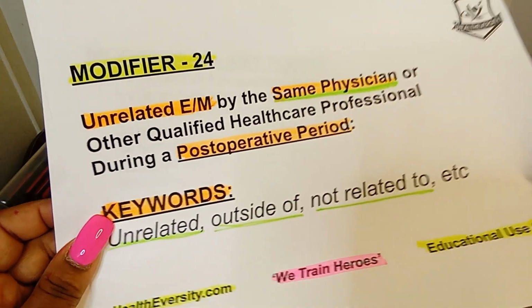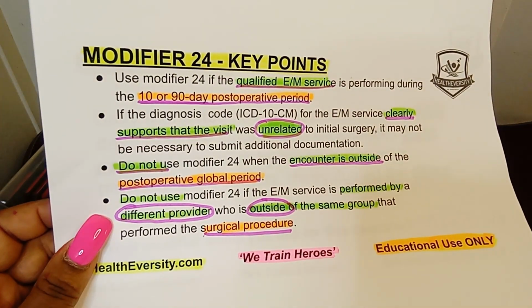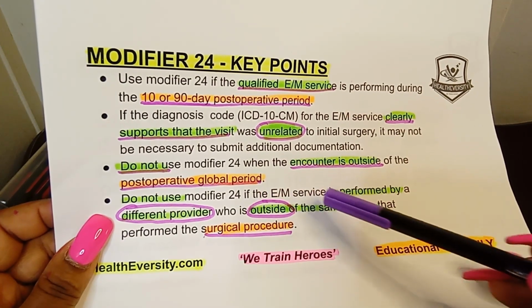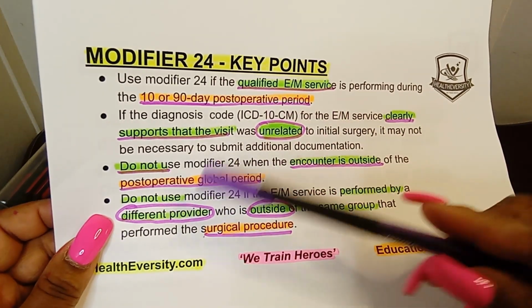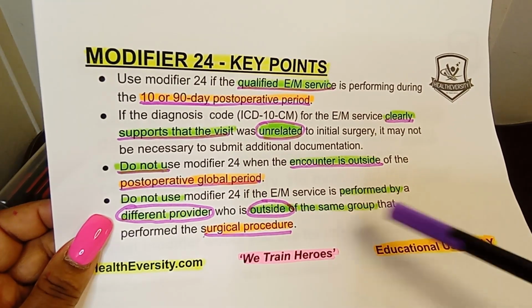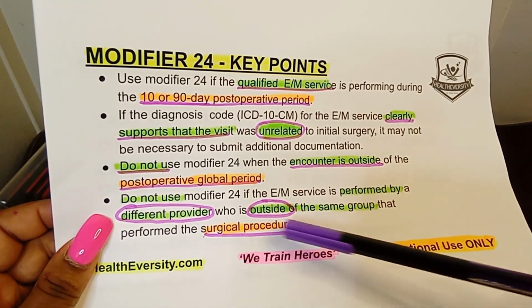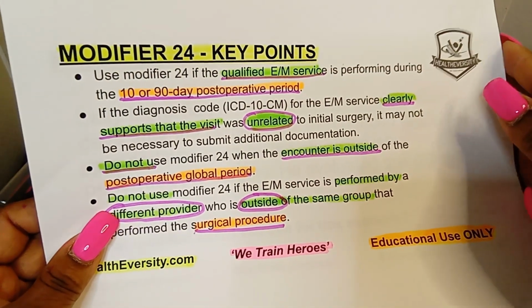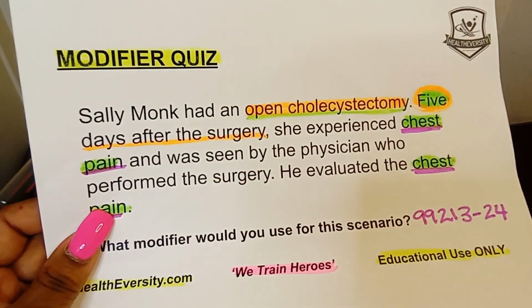So please be careful and watch these keywords. Do not use modifier 24 if the E&M service is performed by a different provider who is outside of the same group that performed the surgical procedure. All right, let's get to the question.